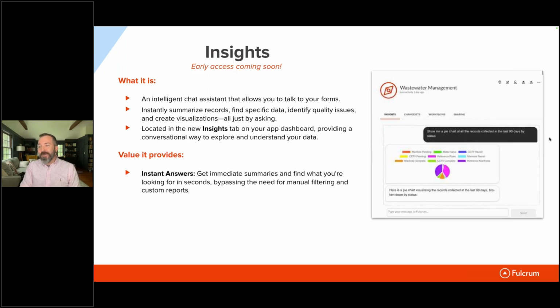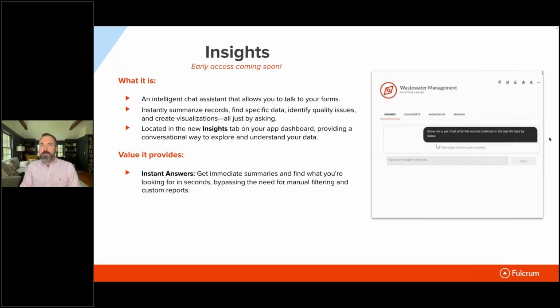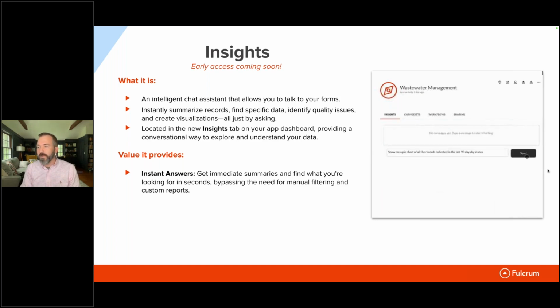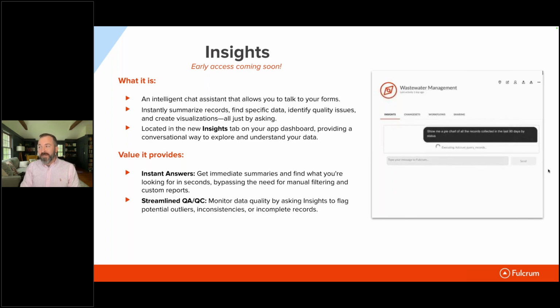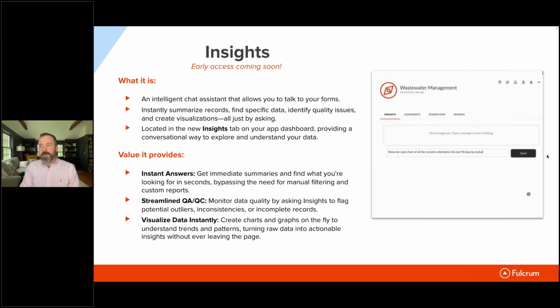But the value that it does provide is a fast track to getting those instant results. It may not solve all of your problems, but it's, again, insights. It's to get a fast answer on something. That's the whole goal. So we're excited to release this soon. Stay tuned. Invites are going out probably as we speak. And from there, take it for a test drive and see how well it works.